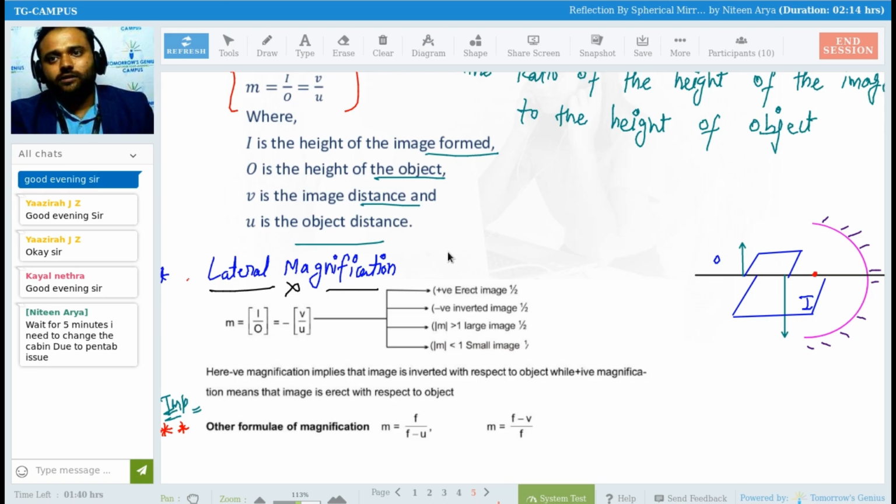The more we move our object towards the mirror, the larger the image we get, inverted one. But in between the focal point, the focus, and the optical center P, if I put an object, I get a virtual and erect image. That is the special case.